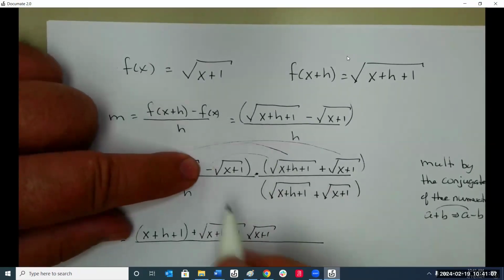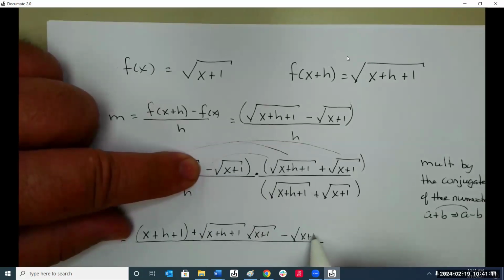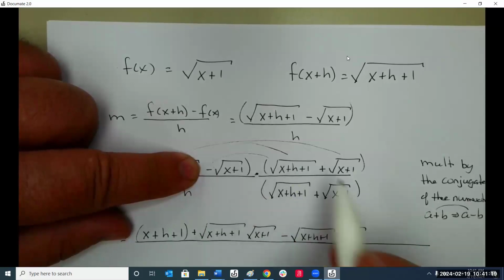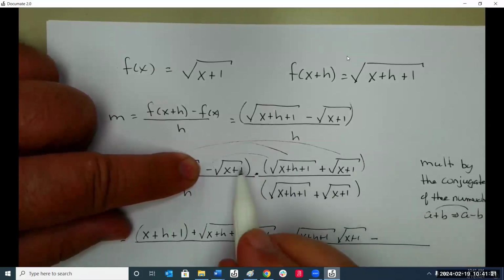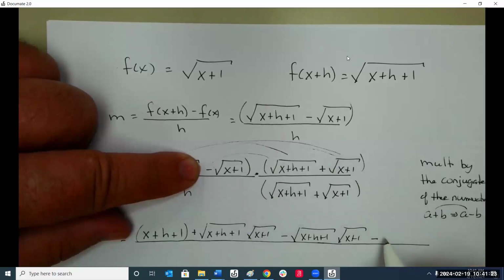Now this one, minus x plus h plus 1 times x plus 1. Negative times positive is negative. Radical x plus 1, radical x plus 1, since they're the same thing, I have x plus 1.